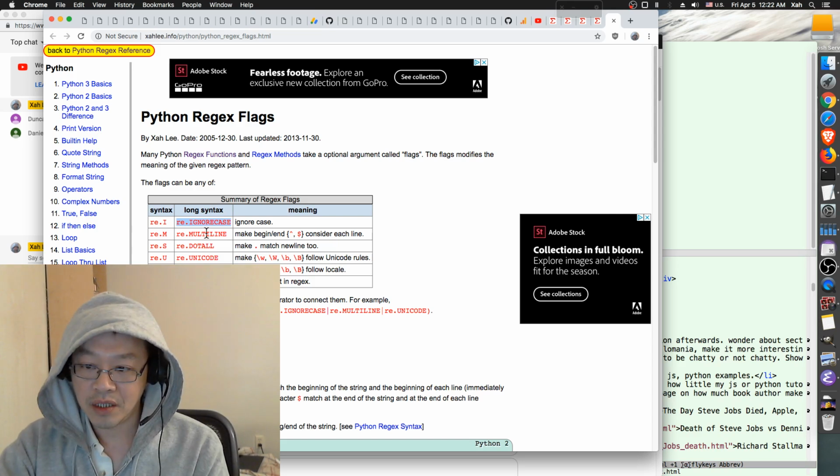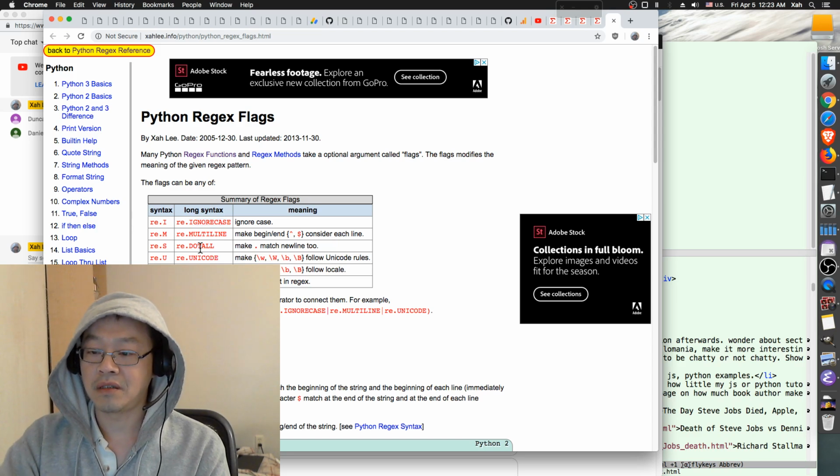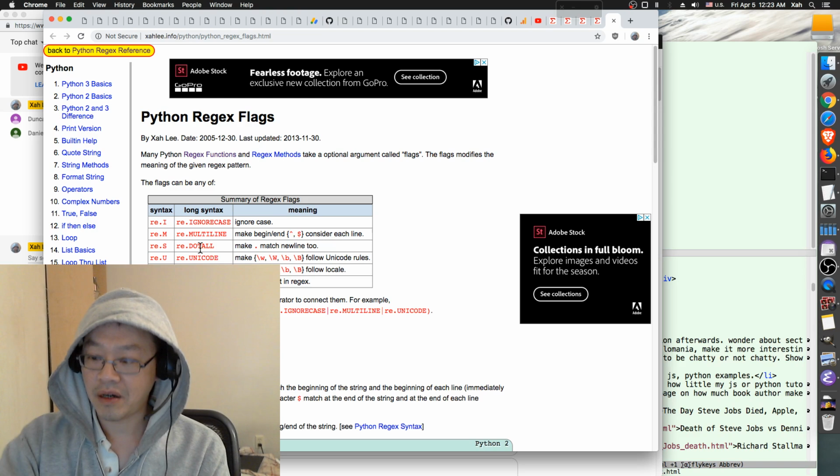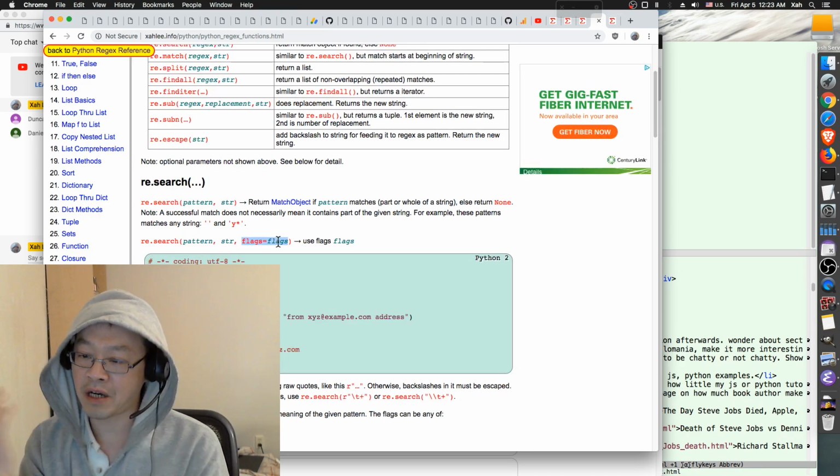But suppose you want ignore case, and you also want the dot to match any character. So you want two options. However, notice that the function only takes one argument for the flags. So how does it work?